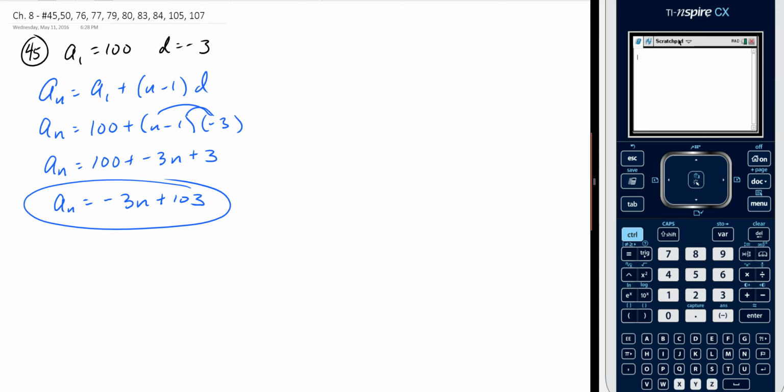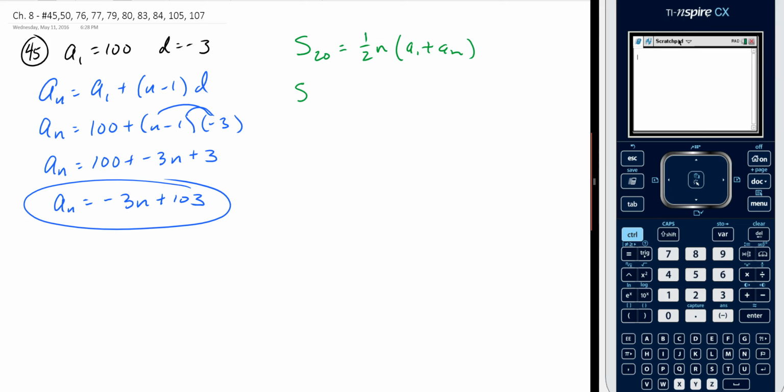And then the summation, for us, we're going to want to do the sum of the first 20 terms is equal to 1/2 n times a1 plus an. So it's 1/2 the total number of terms times the first plus the last.